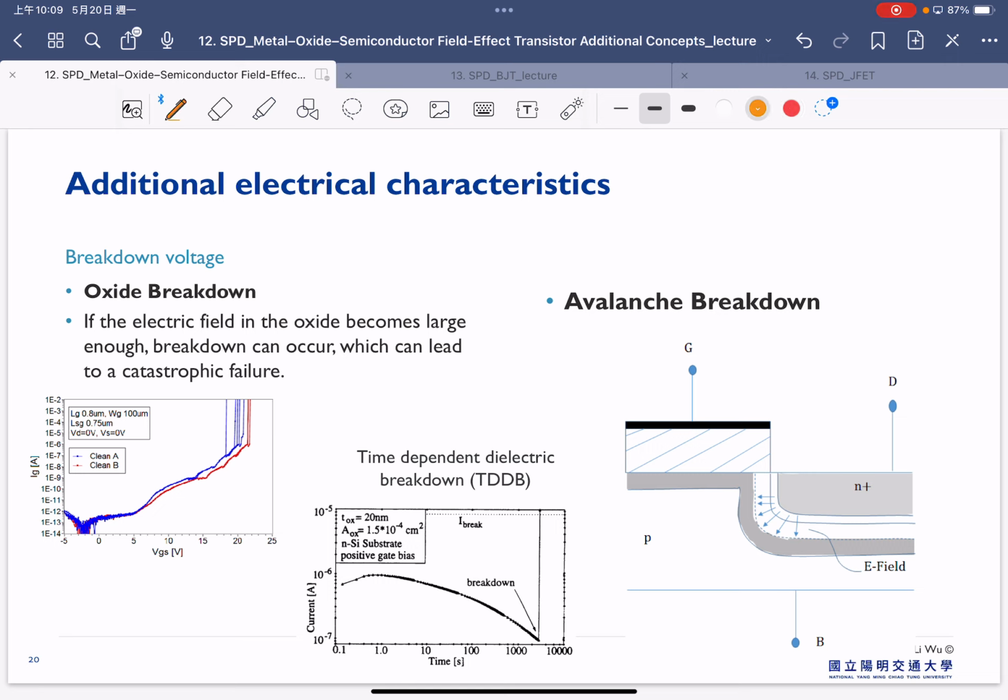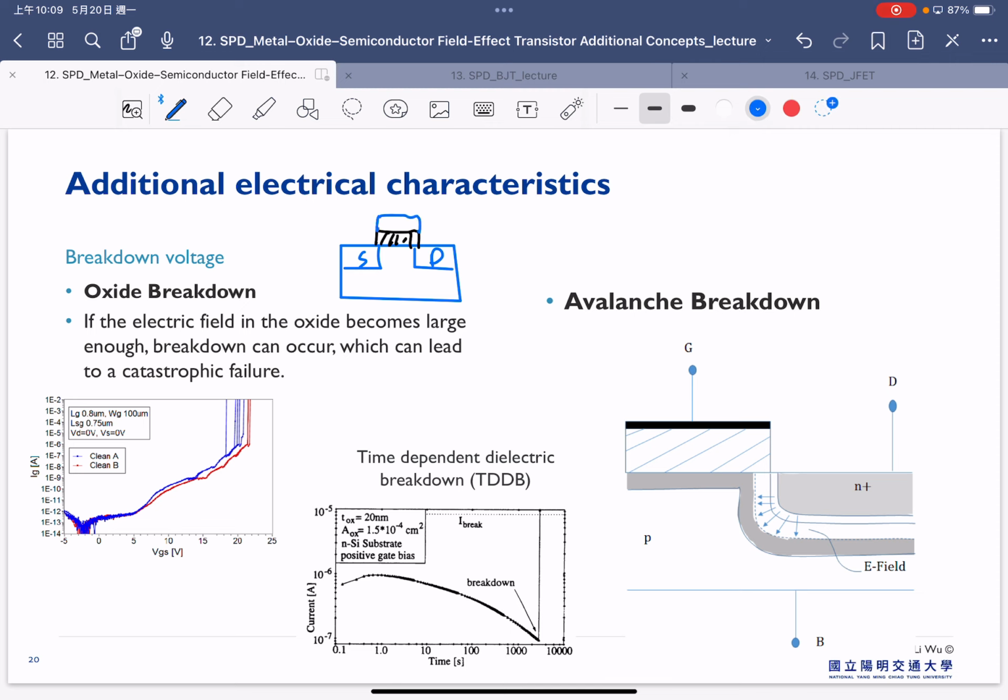So if you now look at the MOSFET, we have the dielectric here.